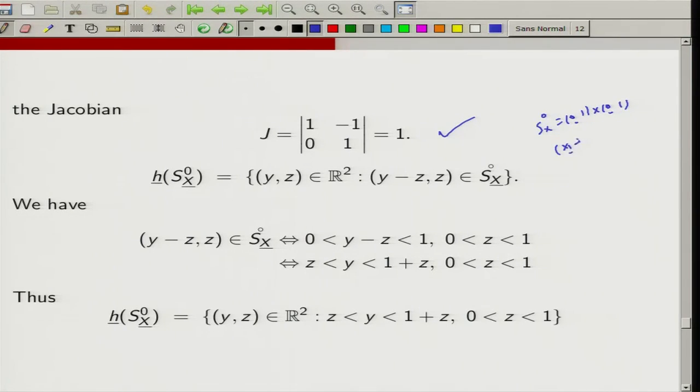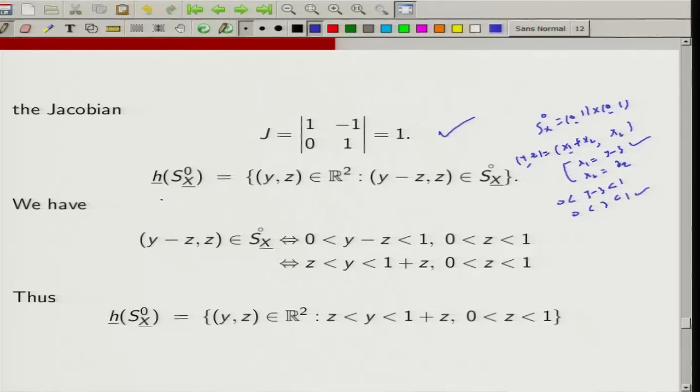Let us look at where S_X0 goes to through the transformation X1 + X2 and X2. So, that is what my Y and Z are. That means my X1 is nothing but Y minus Z, X2 is the same as Z. I know that X1 and X2 both are between 0 and 1. So, Y minus Z is between 0 and 1 and Z is between 0 and 1.